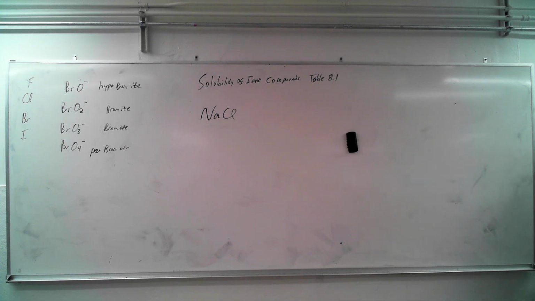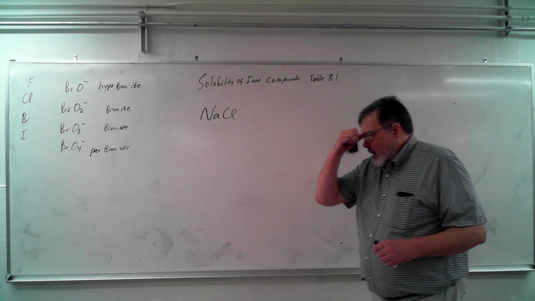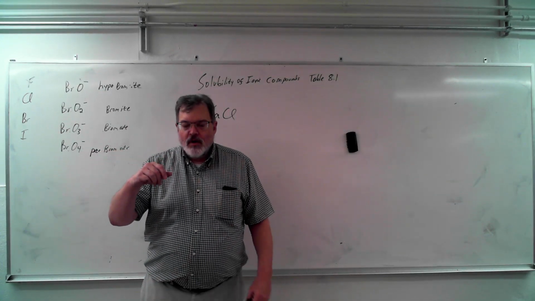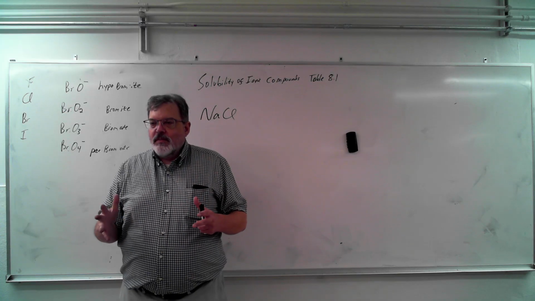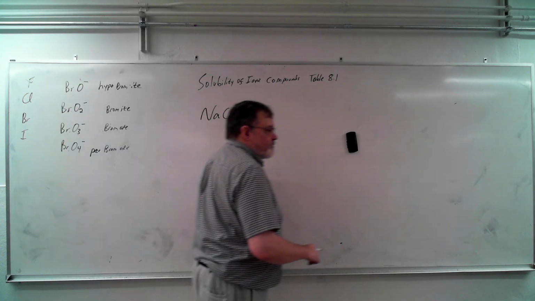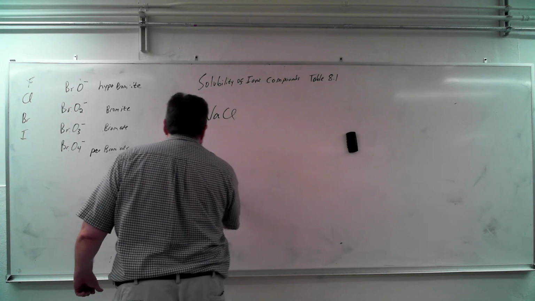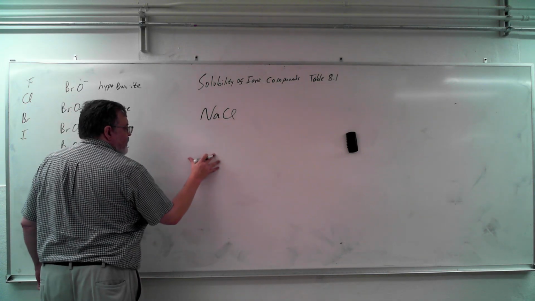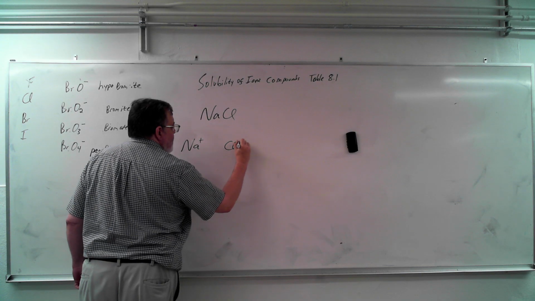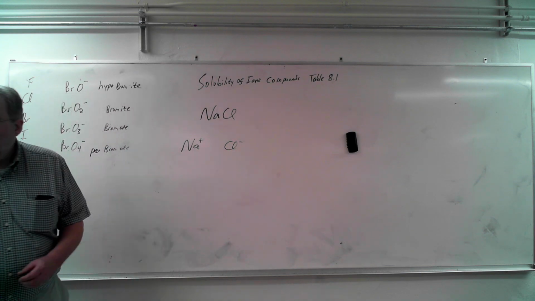If you take, I'll come back to the chart. But if you take some ionic compounds and you put them in water, they'll fall in the water and they'll just kind of disappear. What's going on is the water molecules pull these apart. You get the actual ions themselves floating around in the water.